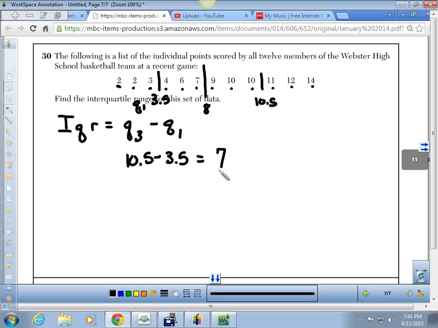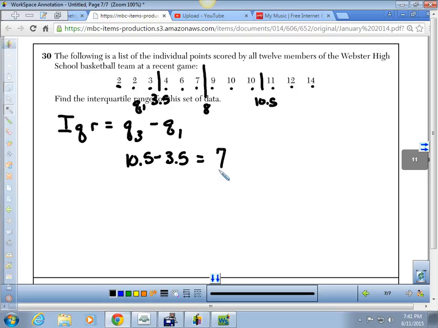7. What percent of my data lies within these 7 scores? 50%. Your quartiles break you into quarters. 25% lies here, 25% here, 25% here, 25% here.